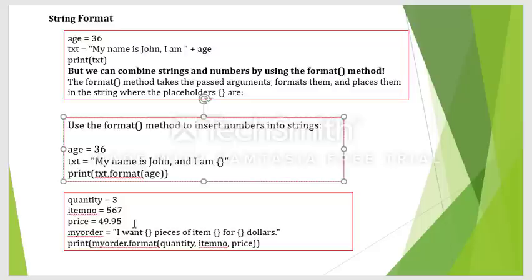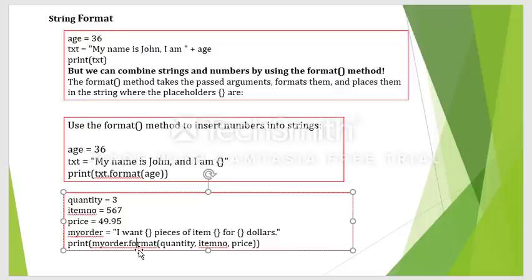Okay, similarly in the bottom section, you can see another example. In this example, you have taken three different kinds of variables. Quantity, a variable which can store the value 3. Item number, which can store the value 567. Price, which can store a float value 49.95.